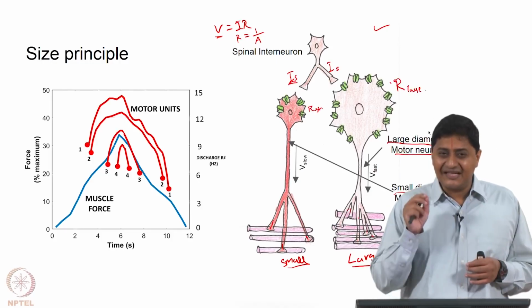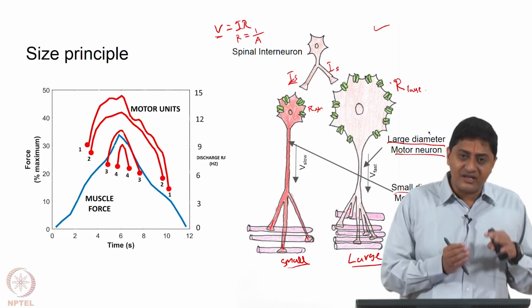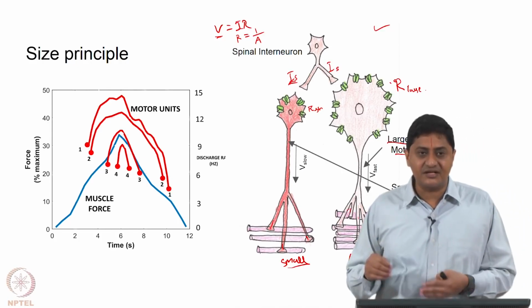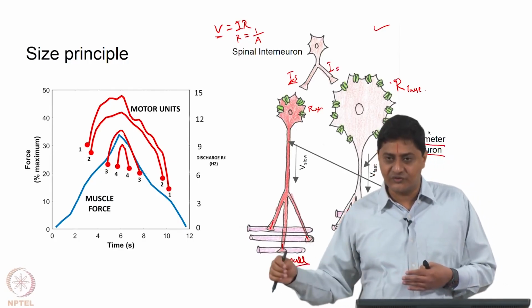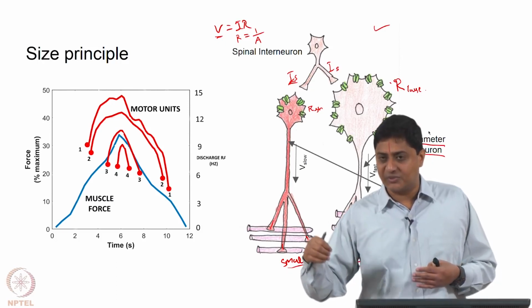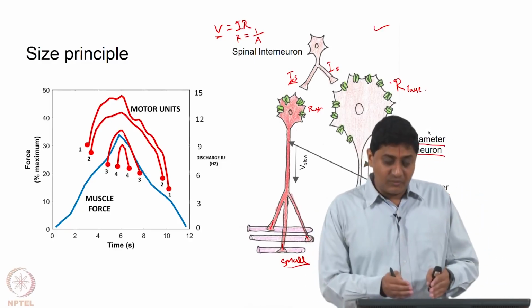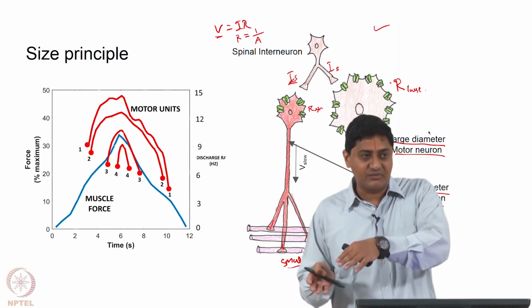What happens is that a given synaptic current first depolarizes the smallest motor neuron and then depolarizes the next larger motor neuron and then the next larger motor neuron and so on, thus creating an orderly recruitment of motor neurons. The smaller motor neurons innervate a smaller number of fibers, the larger motor neurons innervate a larger number of fibers.